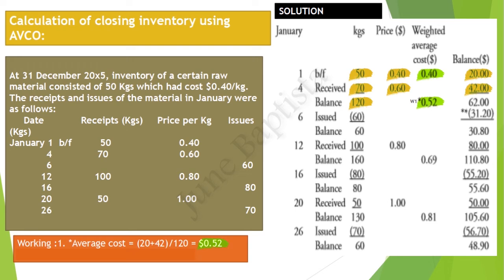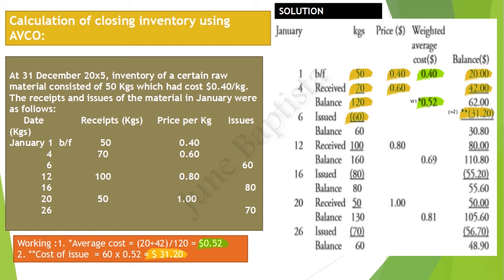On the 6th of Jan, 60 kgs were issued at the cost of 52 cents according to working 2. This works out to $31.20.